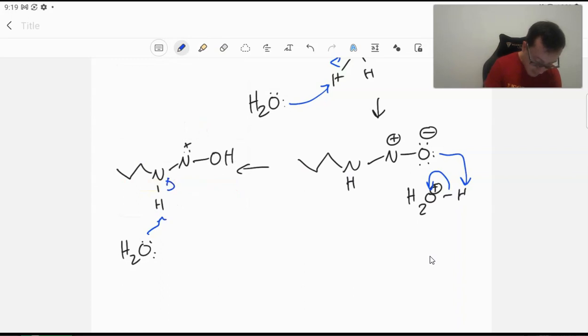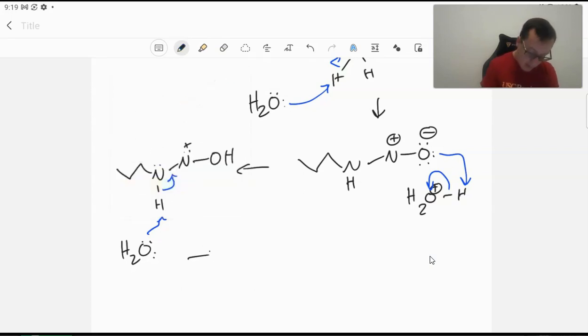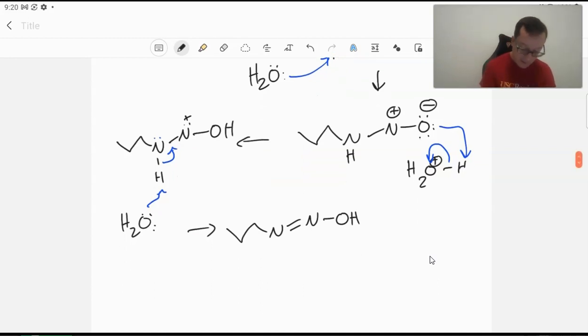So the proton comes around, and we're going to go ahead and actually make a double bond there, because we're going to stabilize that nitrogen next to it. Minus another H3O plus. And now we're going to go ahead and protonate the oxygen again. Do you see how many protonations and deprotonations we've done? It's pretty crazy.